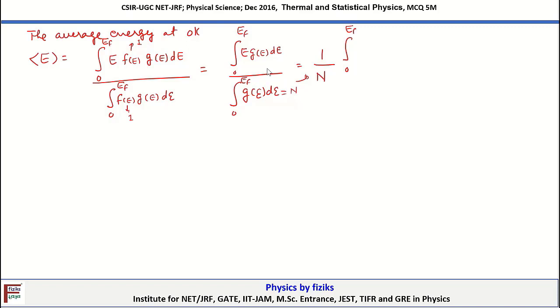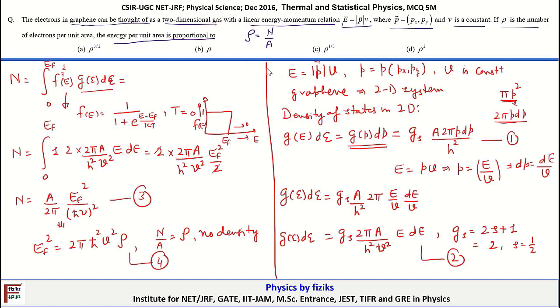Then we will substitute the expression for g(E), clubbing E with g(E). The expression for g(E) is merely the previous equation, basically equation 2.